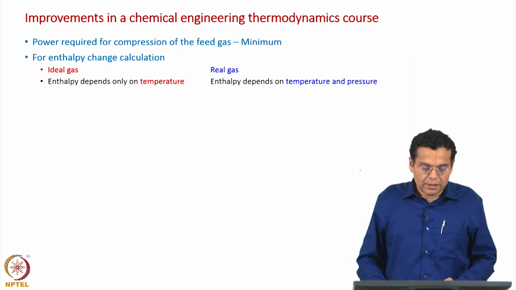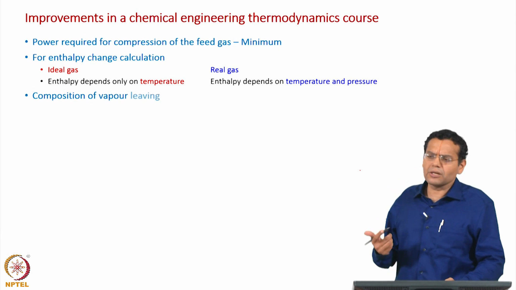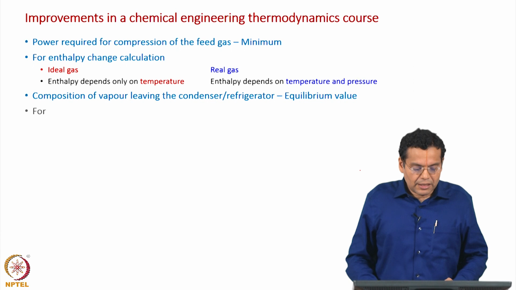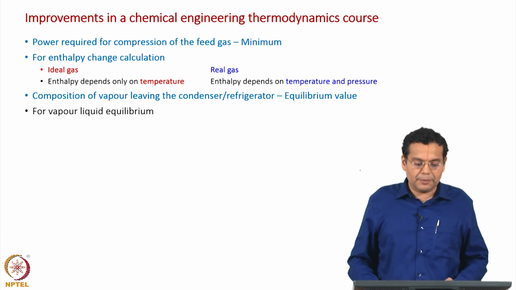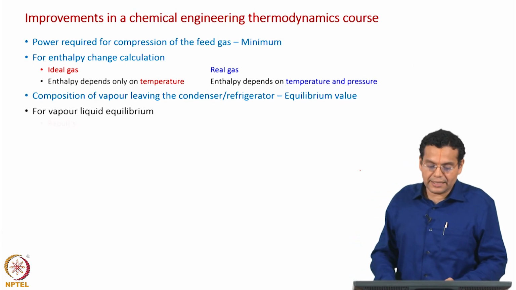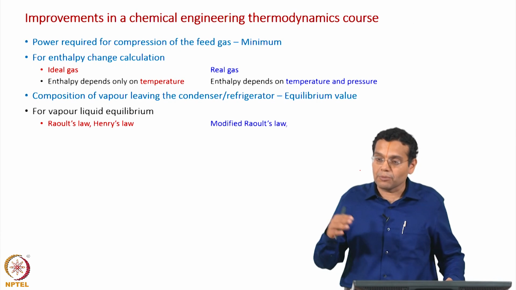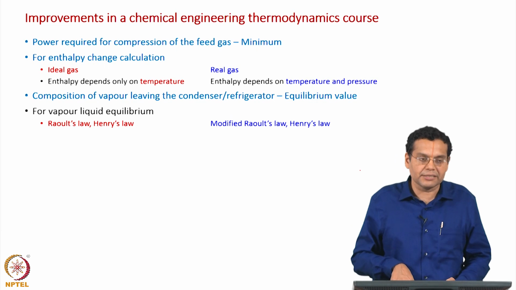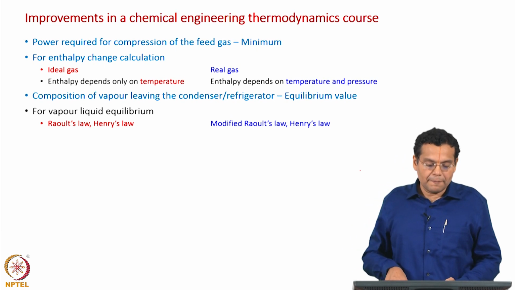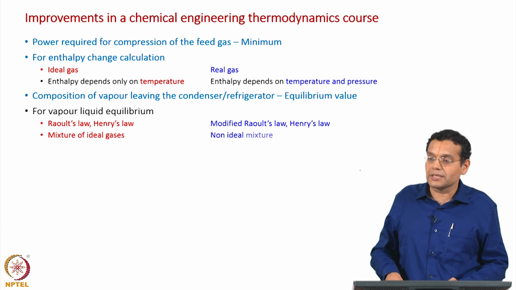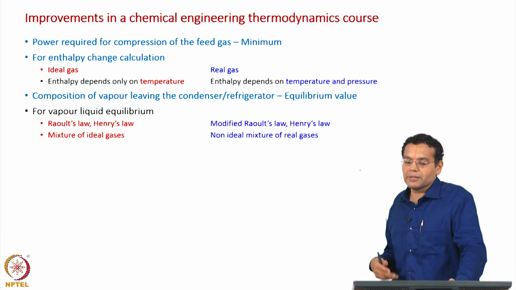Now, coming to the composition of vapor leaving the condenser refrigerator, for vapor equilibrium we assumed all ideal conditions, Raoult's law, Henry's law, etc. Now, we will assume a modified Raoult's law, modified Henry's law. How do we modify? In the earlier case we took a mixture of ideal gases, but now we will say it is a non-ideal mixture of real gases.